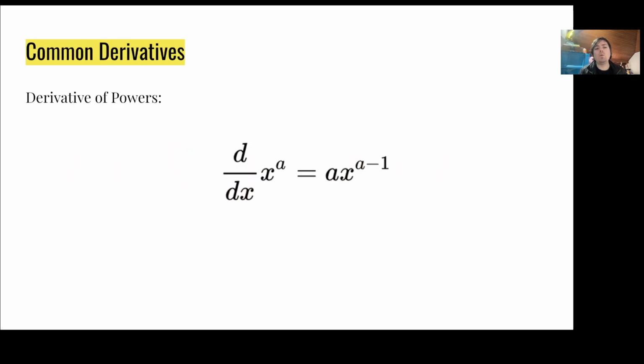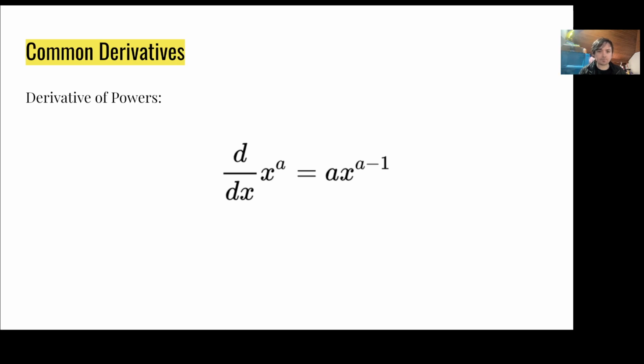Okay, so now what are some common derivatives and some rules to keep in mind? The first and most basic one is that if you have a function, say variable x raised to a power that's a constant a, and the constant can be either an integer or a decimal, whatever you want, then when you take the derivative, d dx of x to the a, you take that constant value in the exponent and bring it down to multiply your original x, and then you reduce the power by 1.